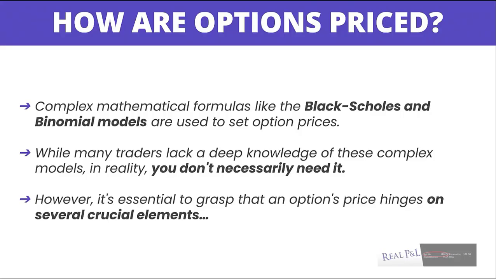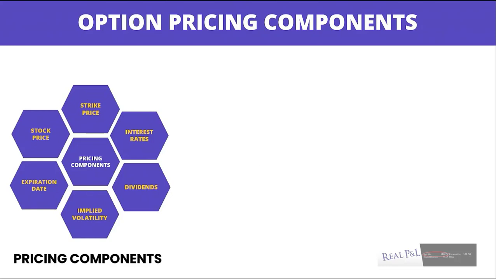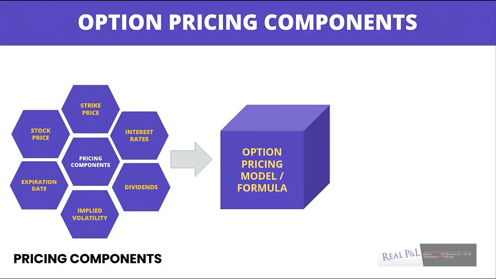However, it is essential to grasp that an option's price hinges on several crucial elements. The option pricing components. You've got the strike price, interest rates, dividends, implied volatility, the expiration date of the option, and the stock price. All of those components are the variables going into the option pricing model formula.